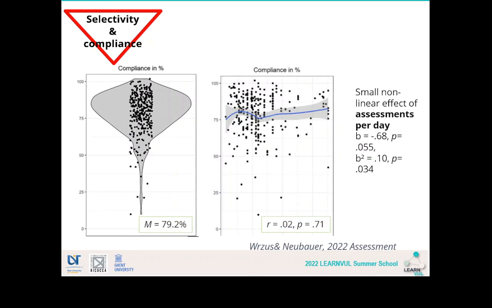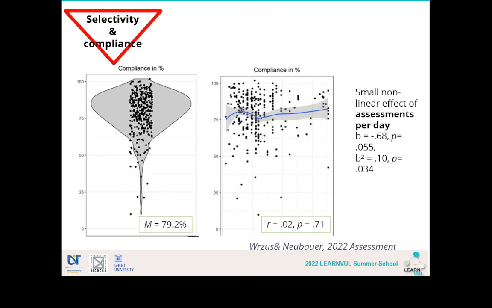Okay. This is the average compliance. I'm going to run out of time, but yeah, compliance in percent usually depends also on the incentive. We have, for example, a university sample, and if you're promising course credit, then the compliance goes up.